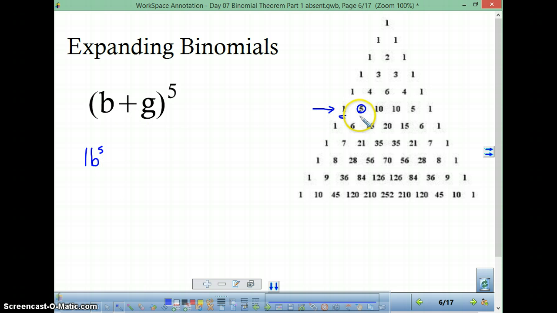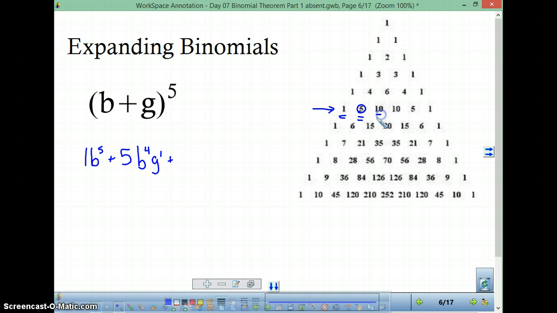Okay. Now I take the second coefficient. I add 5. I'm going to say b to the, I'm going to decrease the exponent by 1, b to the 4th, g to the first power, or just g.